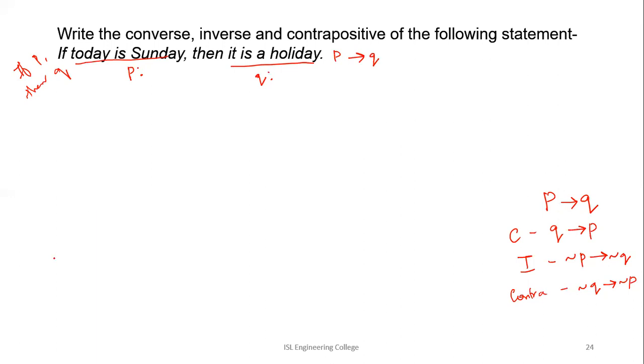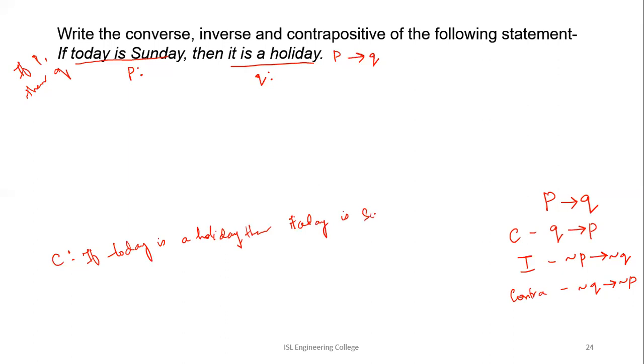Q implies P. So converse will be: if today is a holiday, then today is a Sunday. You can write any kind of English.